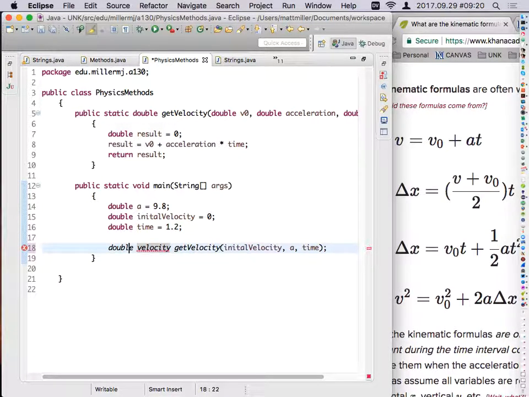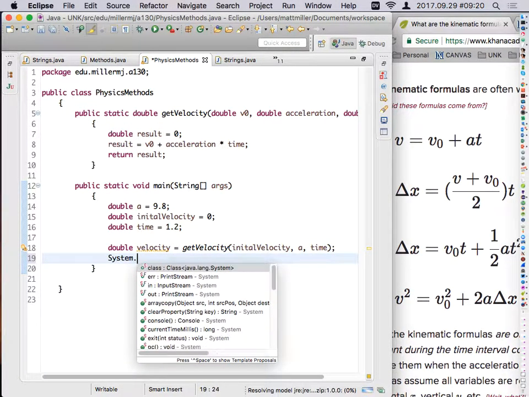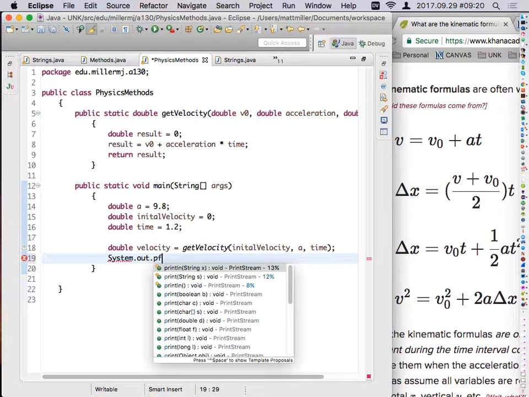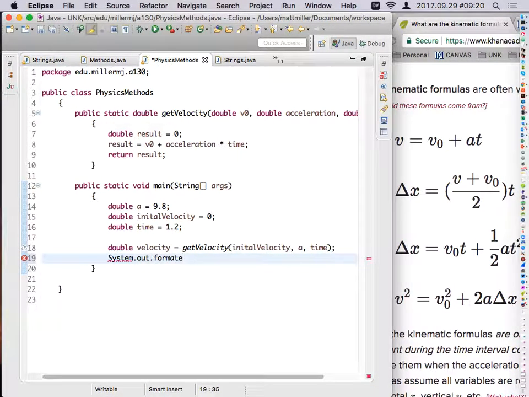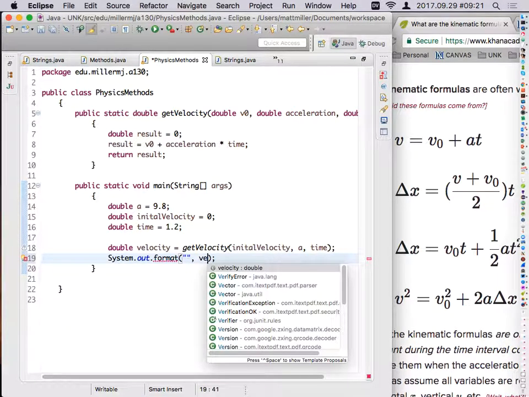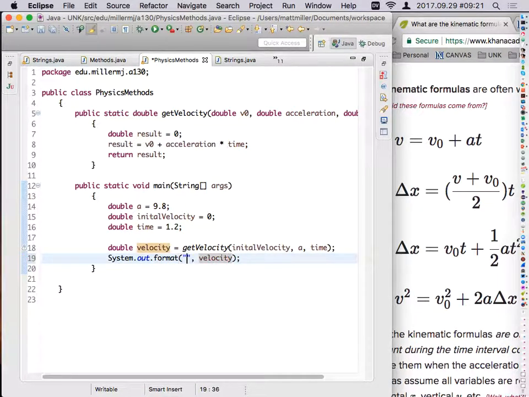I can't DOU. There we go. We can print it off. So how would we print this off using, remember?